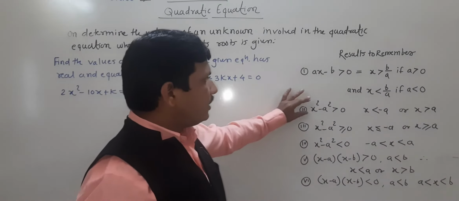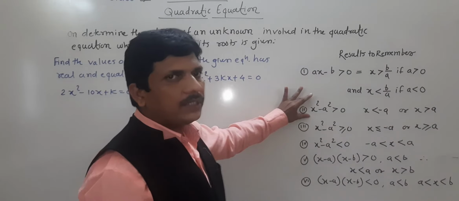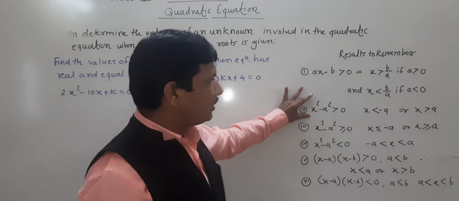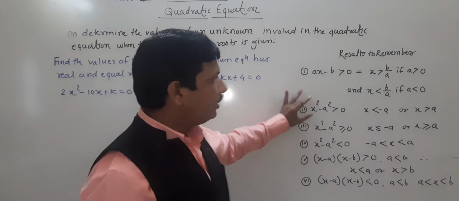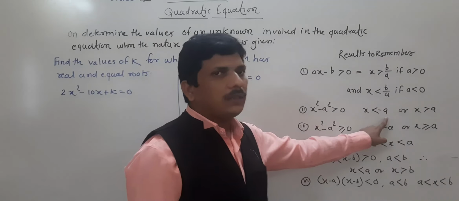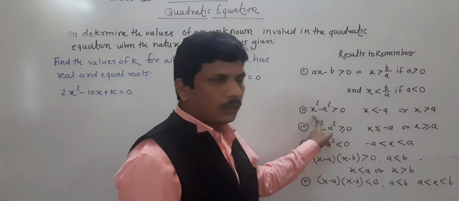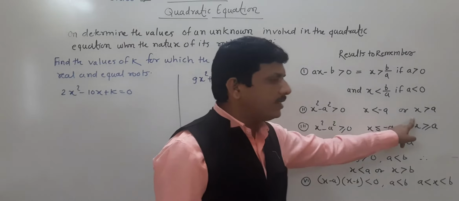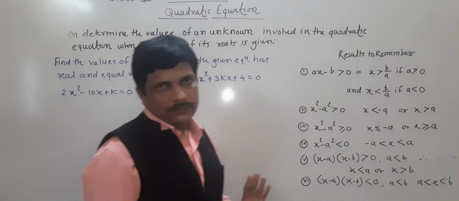Second result: x square minus a square is greater than 0, when x is smaller than minus a or x is greater than plus a.